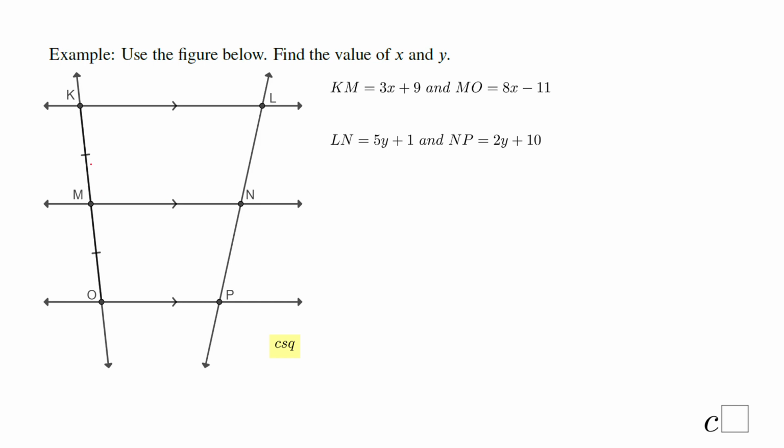So basically we see here these two guys are congruent, so my first equation will be 3x plus 9 equals 8x minus 11, and the reason is KM is congruent to MO. We can see that in the picture, so basically they have the same measure. So I'm going to subtract 3x here.